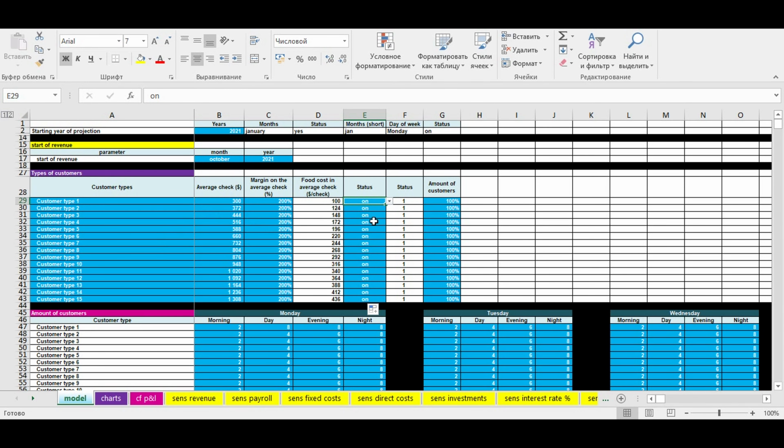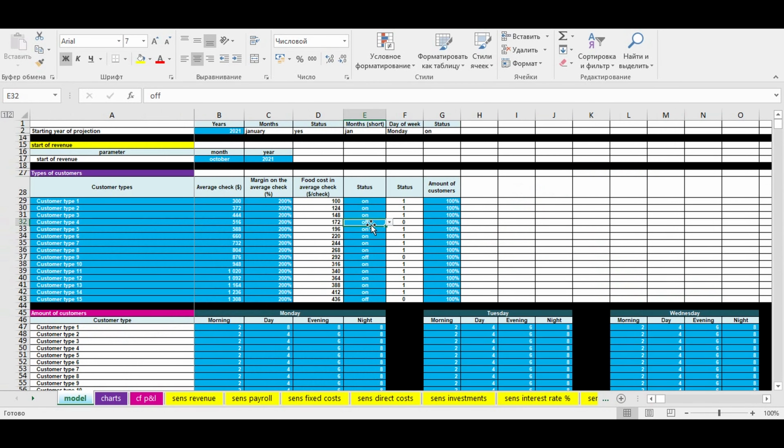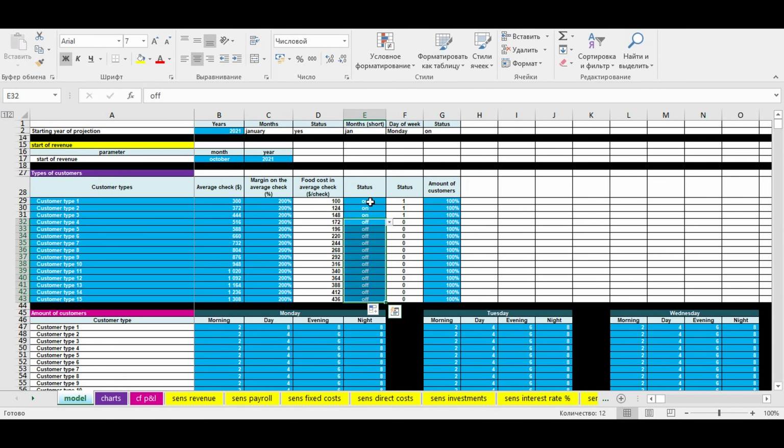For example, you'll see that some types of customers are too optimistic, and you want to see the financial forecast without them. Information you get using this switched on/off status may bring you lots of interesting surprises. Perhaps things you see will make you rethink your business concept.